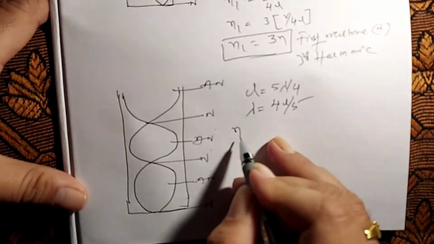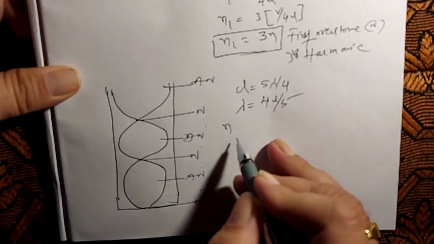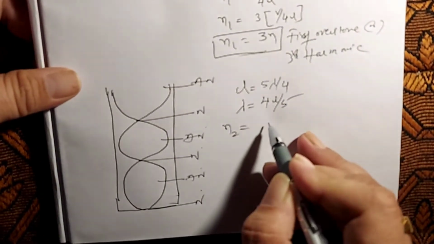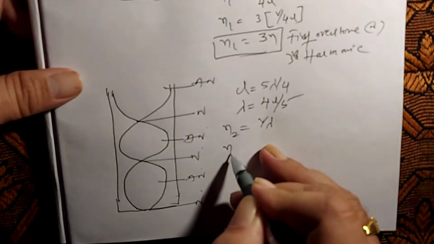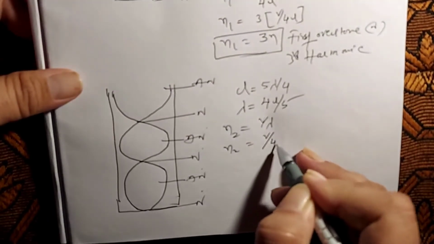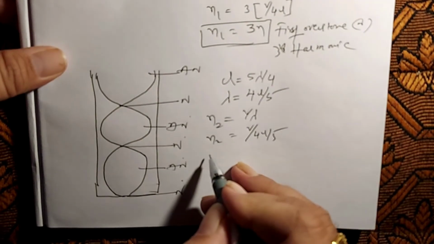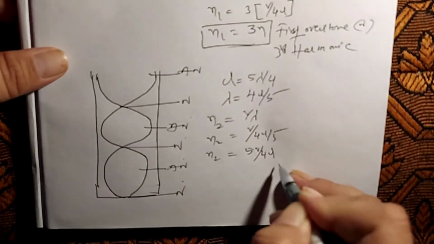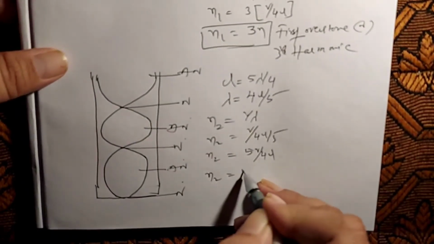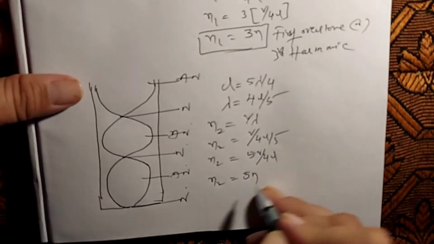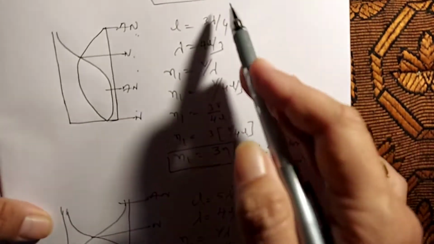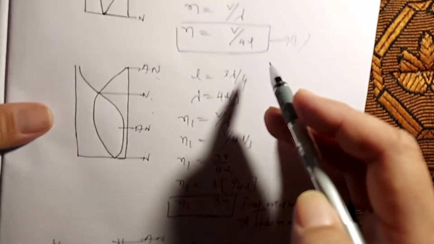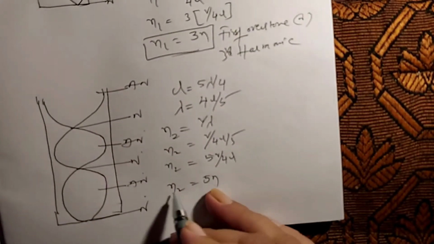Now the air column vibrates with frequency N2 is equal to V by lambda, which is V by 4L by 5. So N2 is equal to 5V by 4L. V by 4L is the fundamental frequency N, so N2 is equal to 5N.